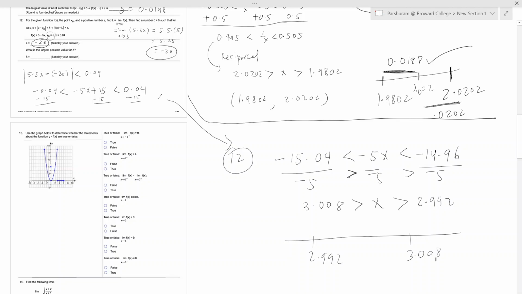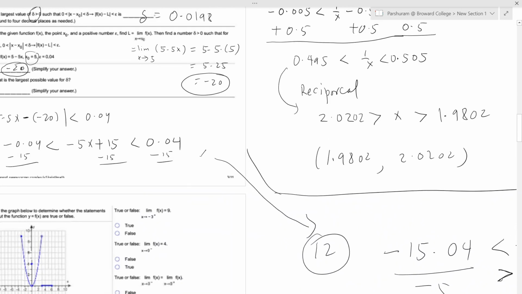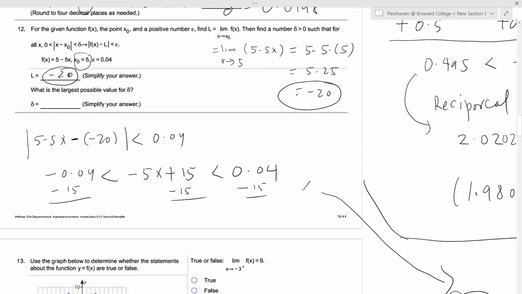X should be from 2.992 to 3.008, right? Okay, and after that, in this problem, I made a little mistake here. When I add this, negative times negative is positive 20, and positive 5, it should be 25. So I should subtract 25, not 15, okay?